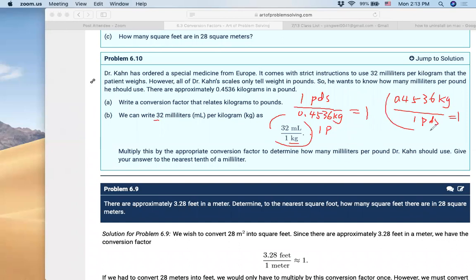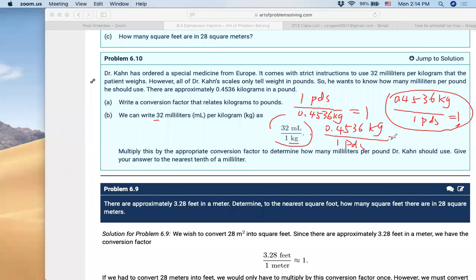So we need to use this conversion factor, and we can write it here: 0.4536 kilogram over 1 pound.